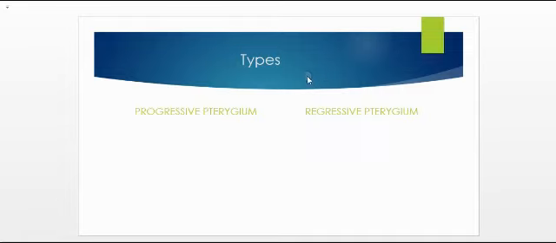There are two types of pterygium: progressive pterygium and regressive pterygium. When I say progressive, your understanding is that it grows and encroaches the cornea. As it encroaches the cornea, it blocks your pupillary area. Now you need to know how to differentiate between a progressive and regressive pterygium.